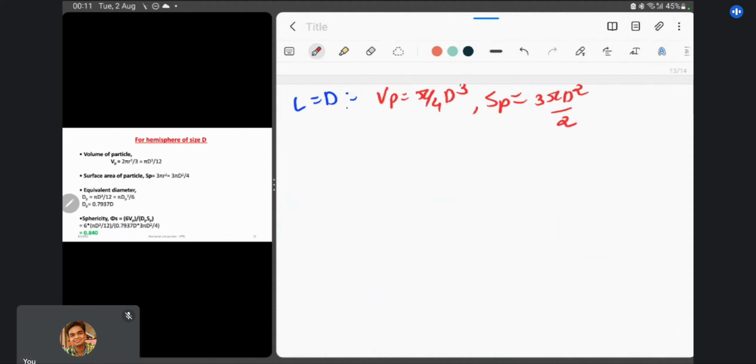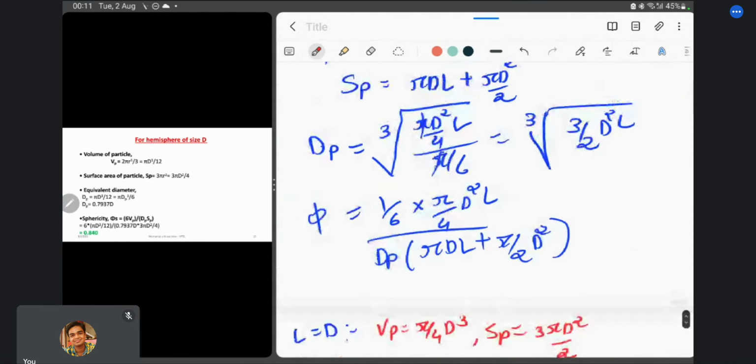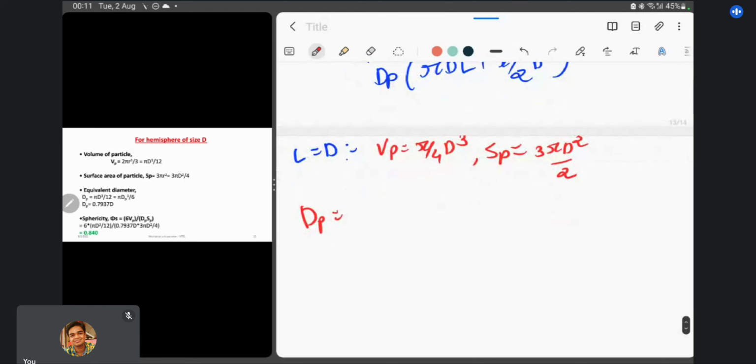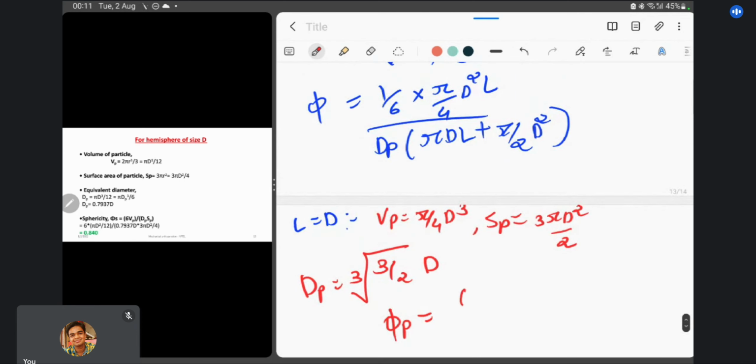And dp is equal to, if you talk about it, then 3 by 2 d cube, okay, and phi p will be 6 into pi by 4 d cube, and 3 by 2 pi d square.